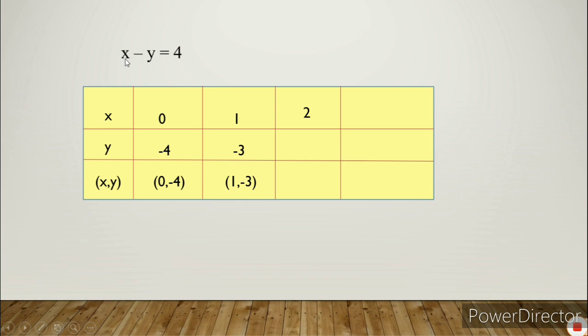Again put the value of x as 2, so the value of y equal to minus 2 and the ordered pair is 2, minus 2. Next put x equal to minus 1 and get the value of y as minus 5. So the ordered pair is minus 1, minus 5. Now plot these points on a graph paper. We get the solution.